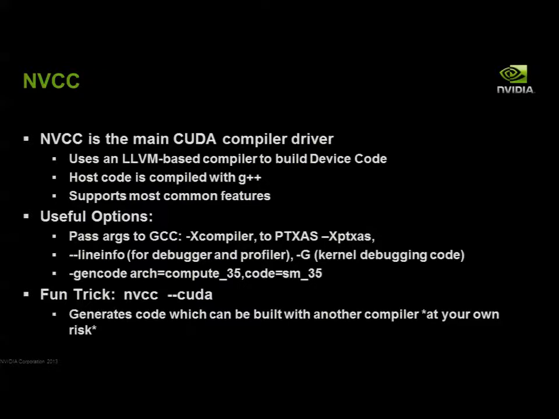The host code is being handed off to your native host compiler, usually GCC on Linux boxes or CL on Windows boxes. And then it has the device compiler, so everything that eventually runs on the GPU will be compiled by an LLVM-based compiler. If you're a compiler guy, we have actually opened up a lot of this infrastructure.